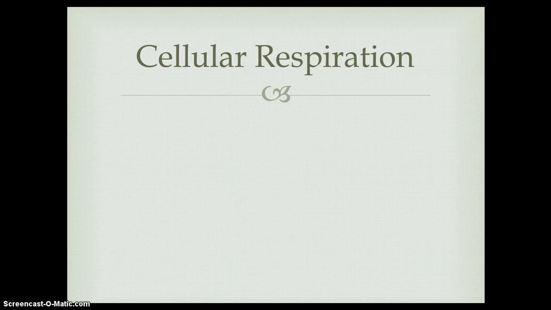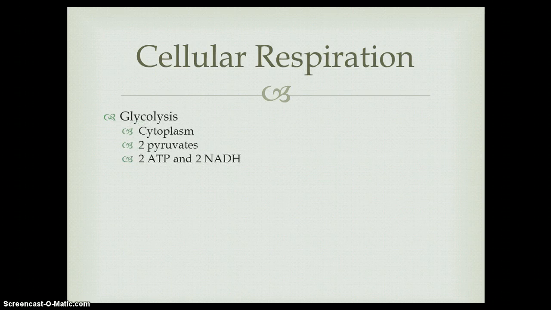So what is the very first step of cellular respiration? Hopefully you said glycolysis. Glycolysis is the very first step of cellular respiration. It occurs in the cytoplasm. It creates two pyruvates, which I'm not sure that Vicky even really talked about. But the big thing is it creates 2 ATP and it creates NADH.